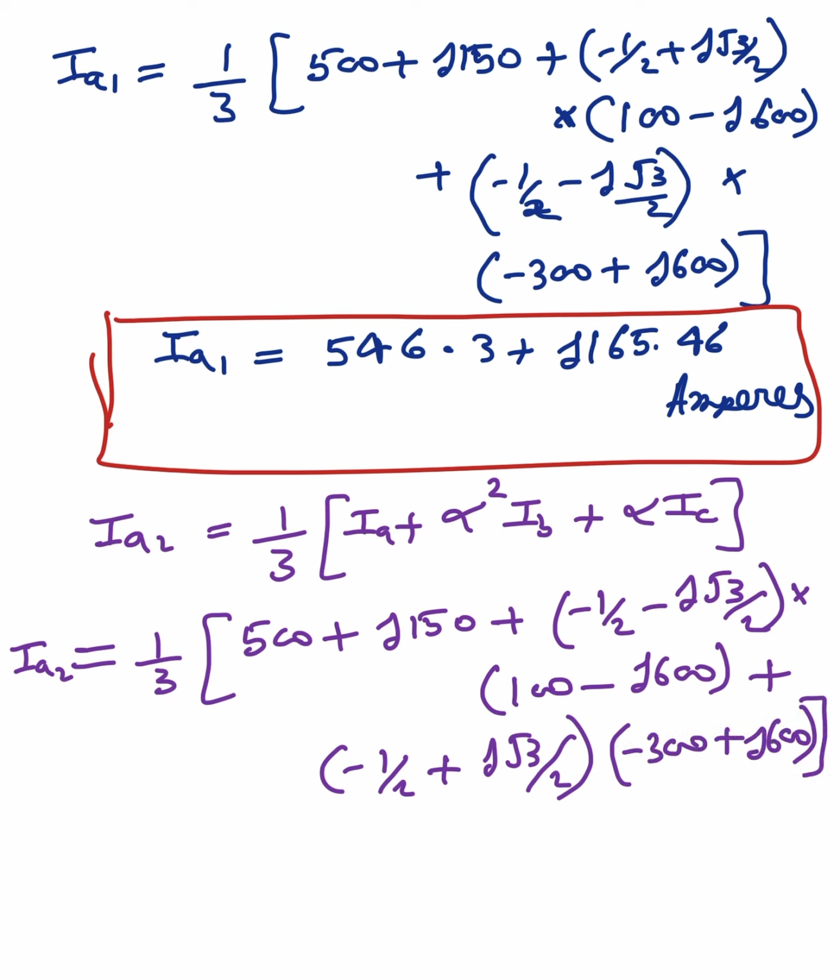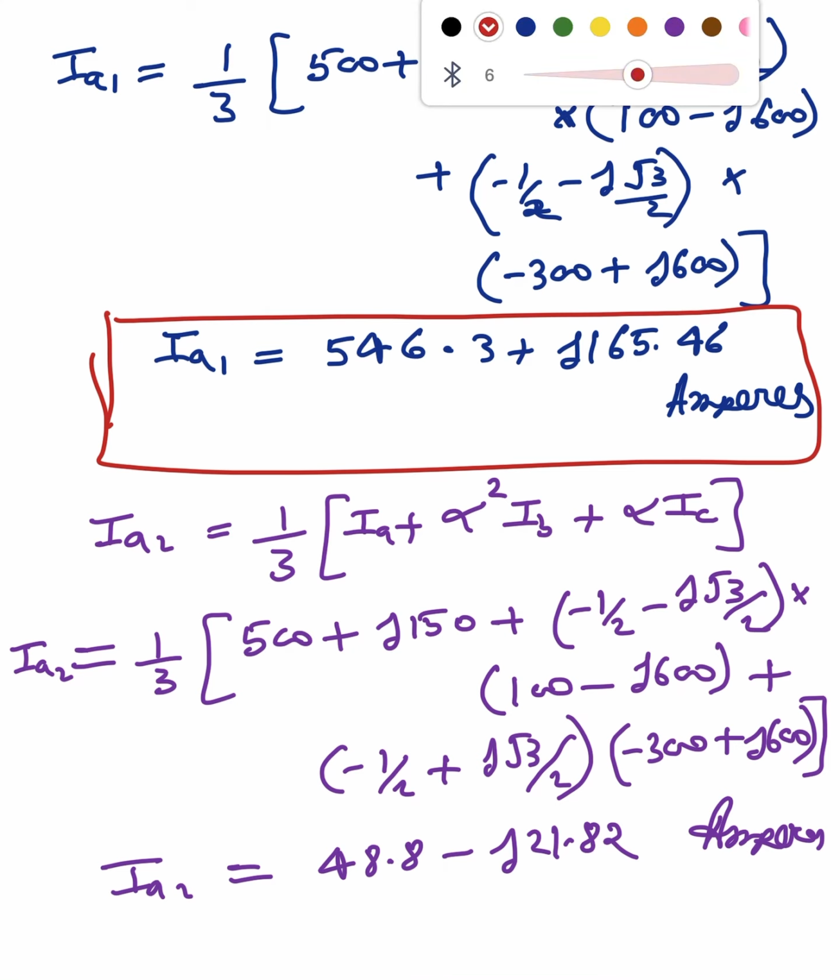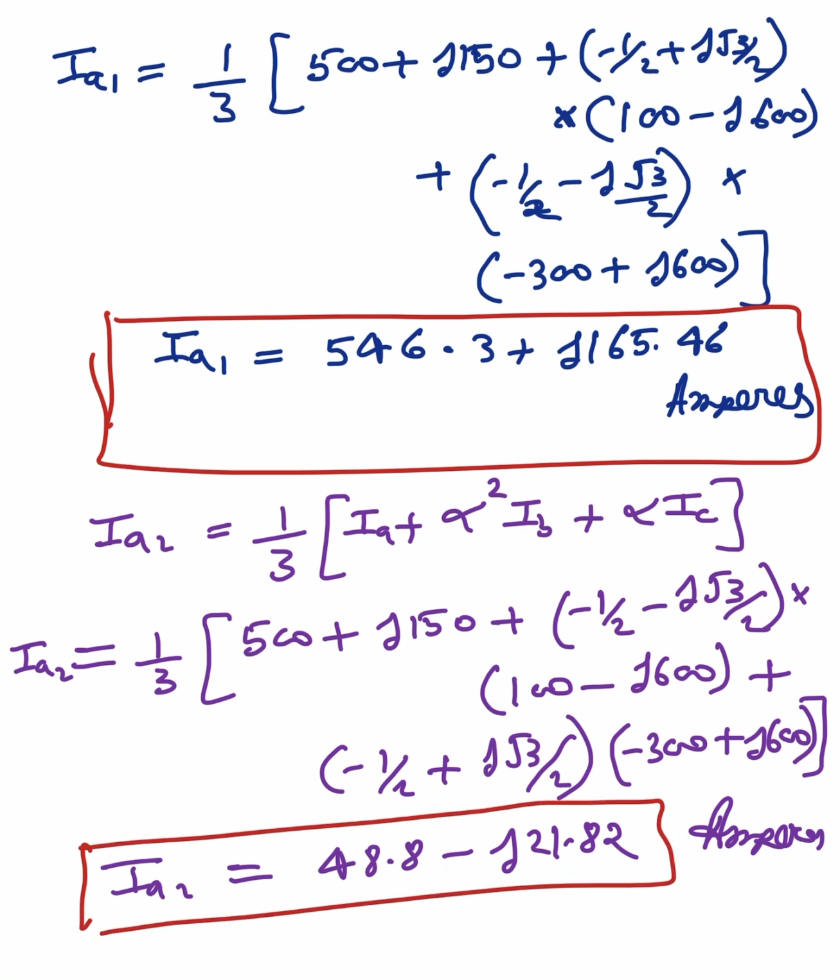When you calculate it, it is 48.8 minus j 21.82 amperes. That is the value of the negative sequence current.